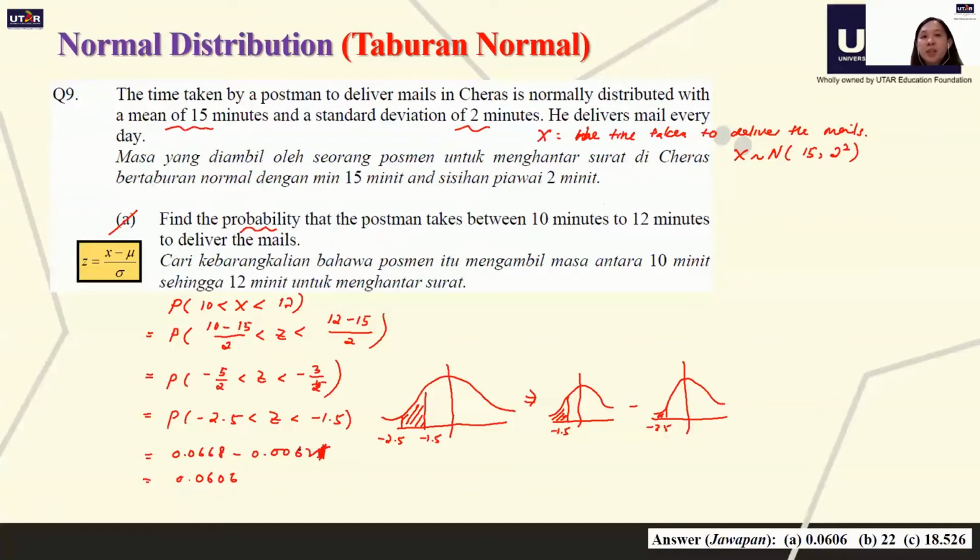Just refer to your table and put down the values here. Then you get the answer in between. This is for part A.